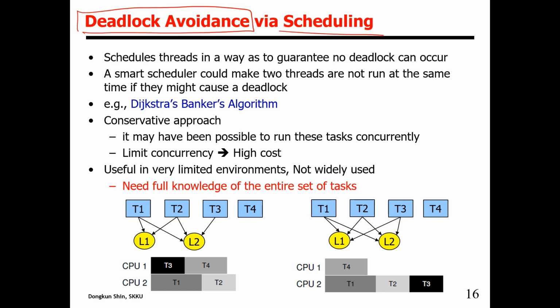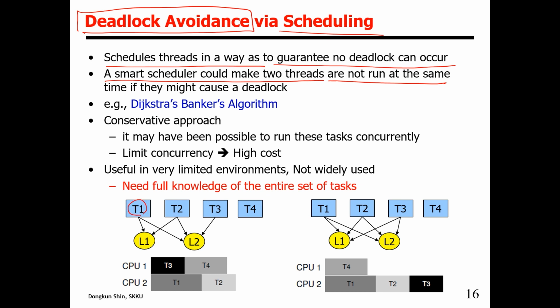By scheduling threads in a way that guarantees no deadlock can occur, we can avoid a deadlock situation. For example, a smart scheduler could make sure two threads are not run at the same time if they might cause a deadlock. So let's see this example.